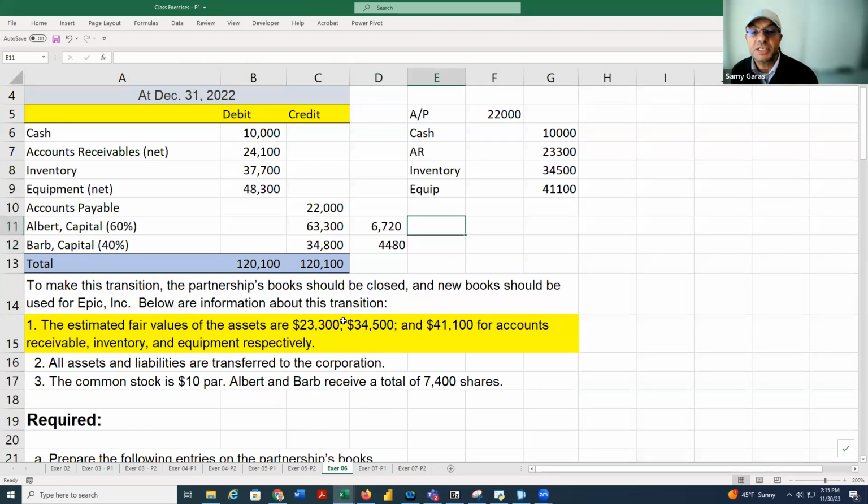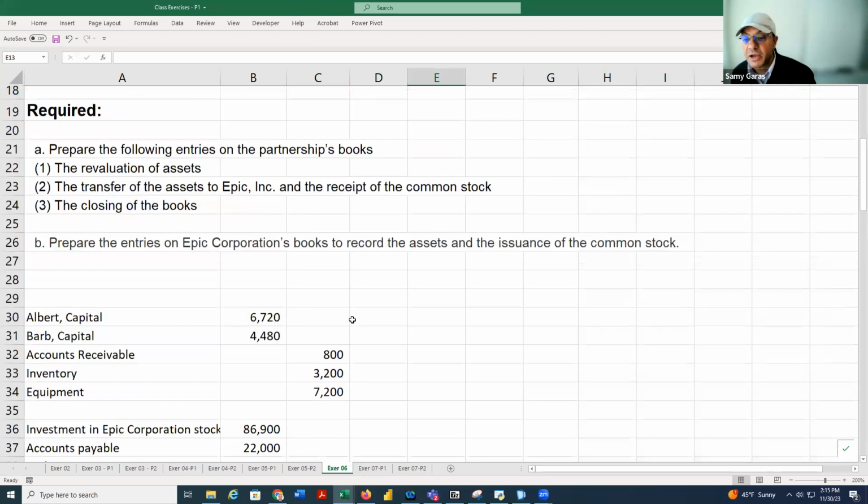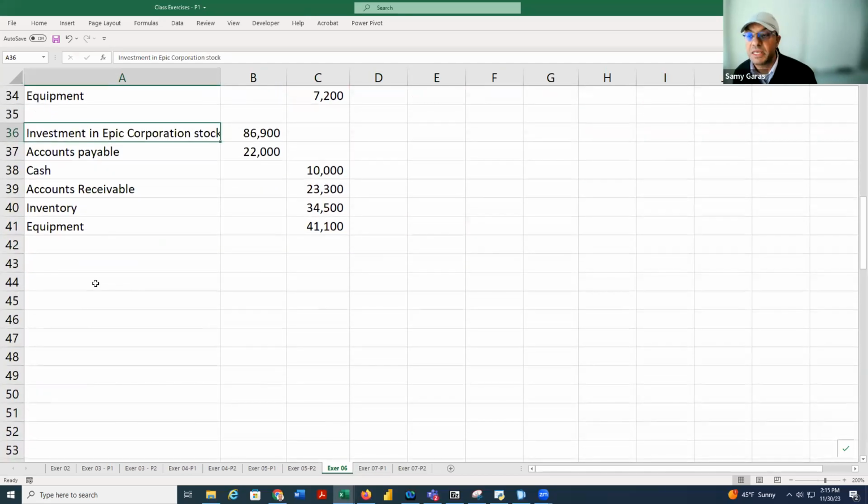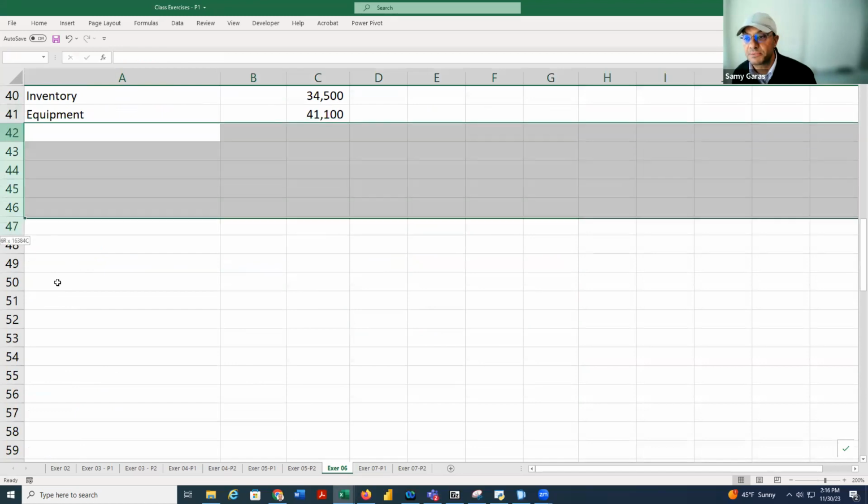So how much is the net capital of Albert and Barb? Here you go. So what we need to do is debit those accounts to close them off, credit the investment account to close it off, and this would be the third journal entry.